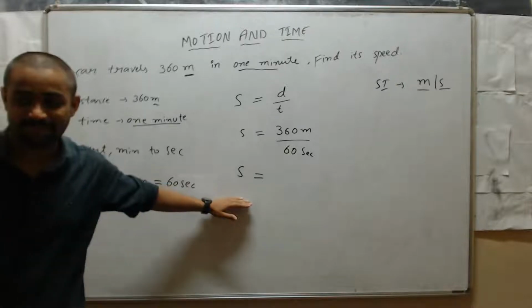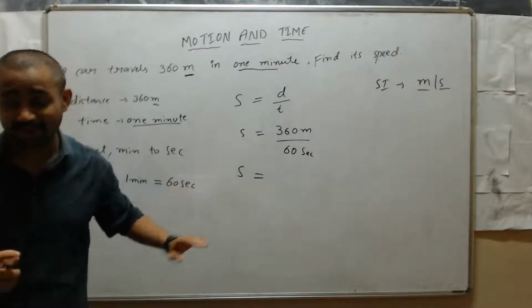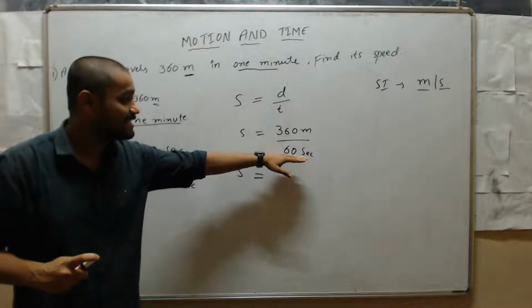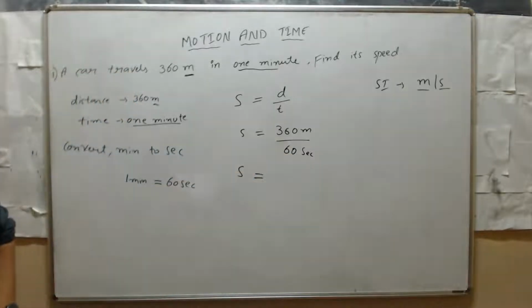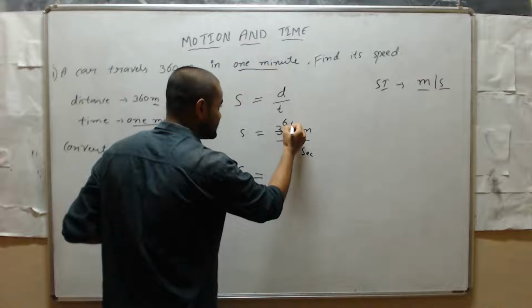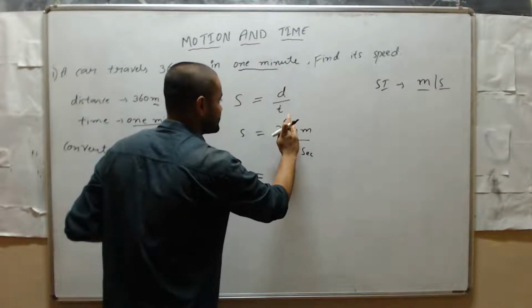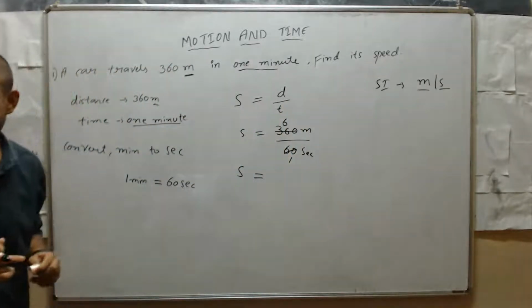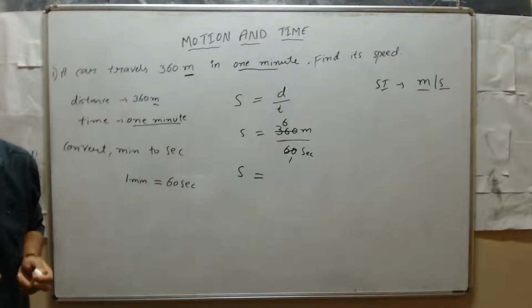Then you have to find the speed. You have to divide easily: 6 times 60 is 360. Yes, very good.